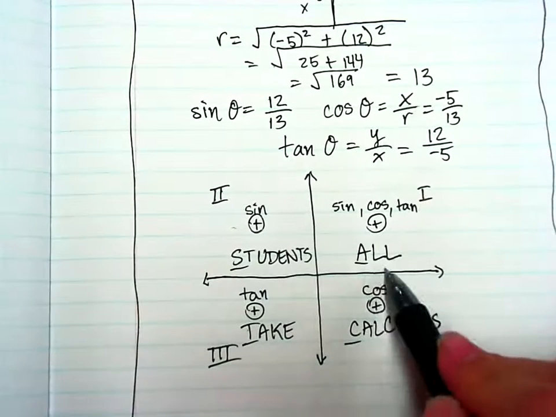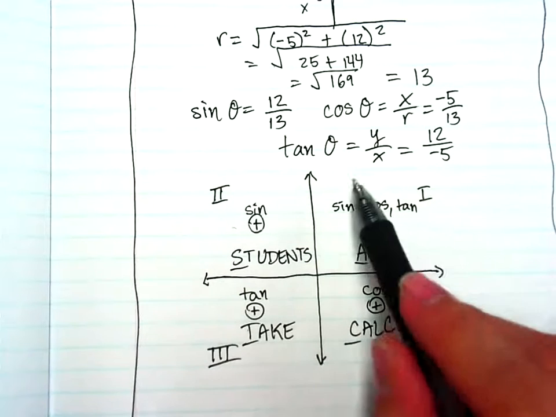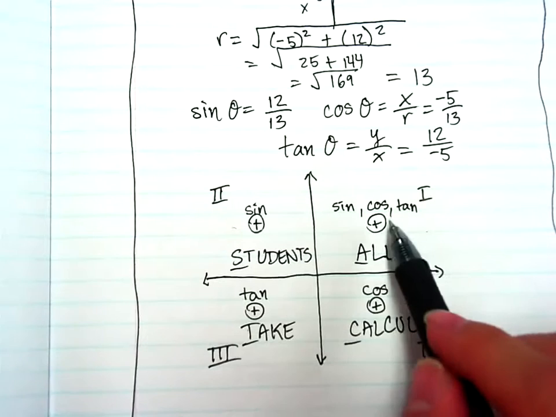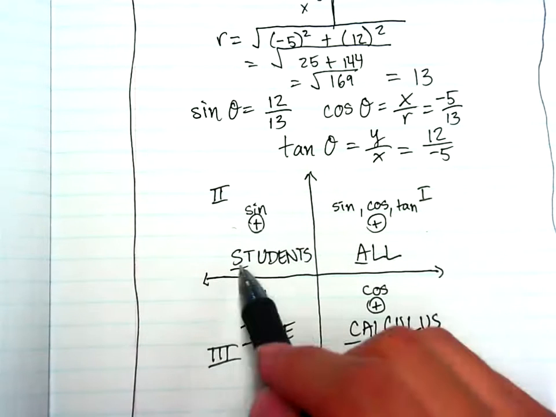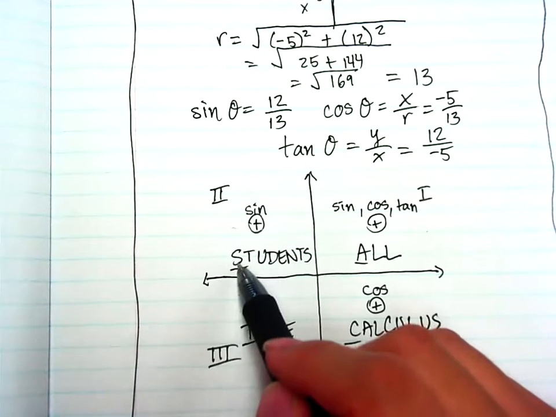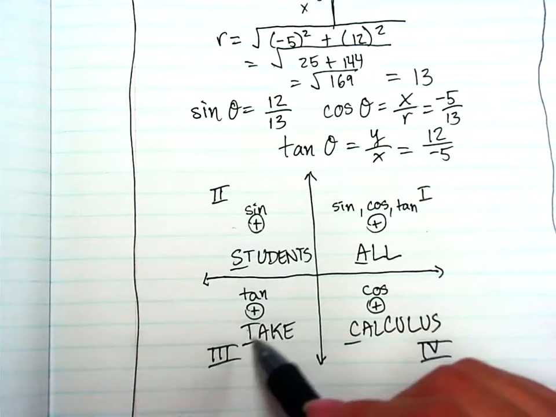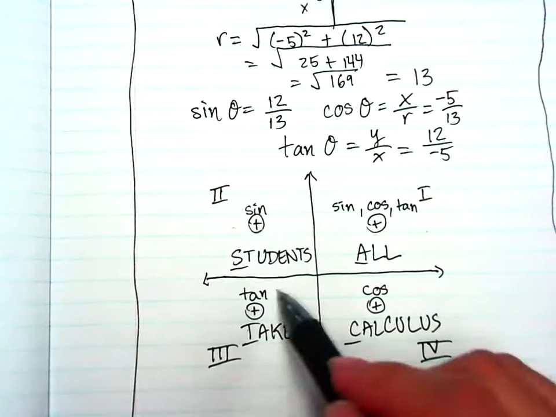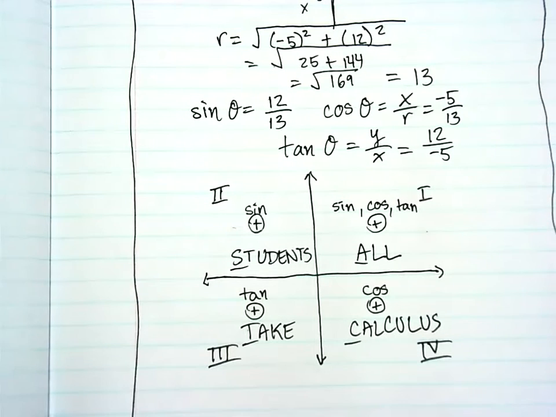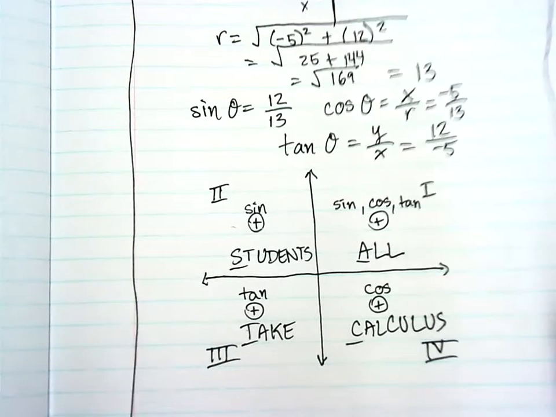Well, first off, all means that all of my trig identities will be positive in quadrant 1. Students tells me that only sine will be positive, and then so on and so forth. Take calculus, tangent, and cosine. All right? That's going to be very useful in the next example because there will be times where, well, we're going to see. Okay? So moving on to example 2.